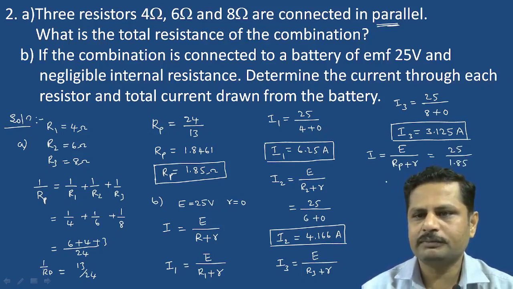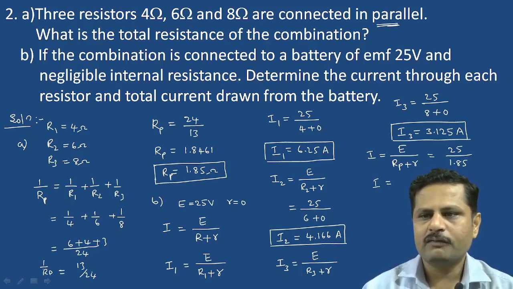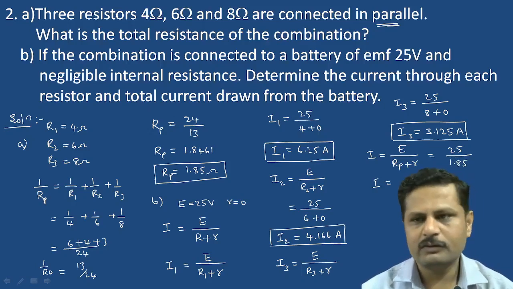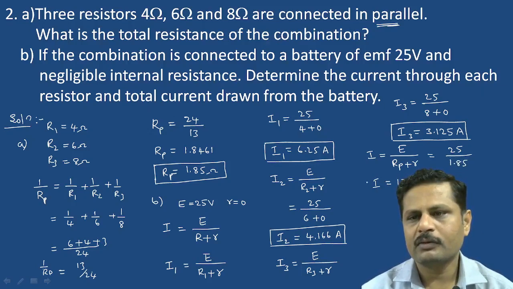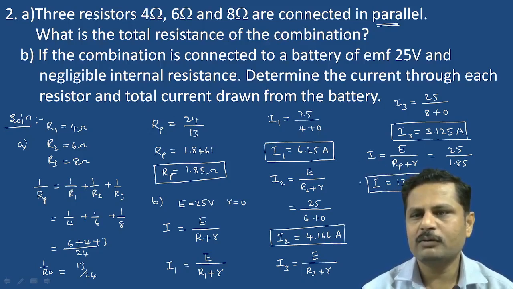So 25 divided by 1.85 equals 13.5 ampere. This is the total current drawn from the battery. You can also get this by adding I1, I2 and I3. So you can use I equals E divided by RP plus R, or else just add I1 plus I2 plus I3. This is the total current drawn from the battery.